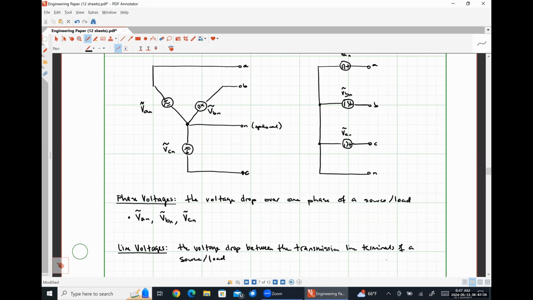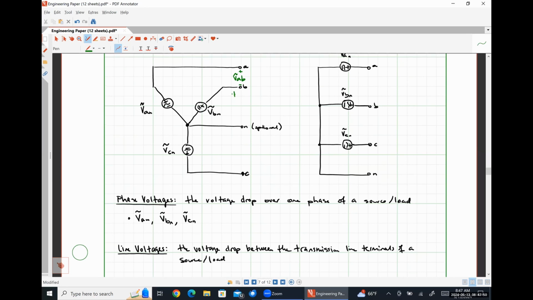So effectively, we literally just measure the voltage drops across the terminals of our system, okay? So I would see a line voltage of V lowercase a, lowercase b between the A and B transmission line terminals.